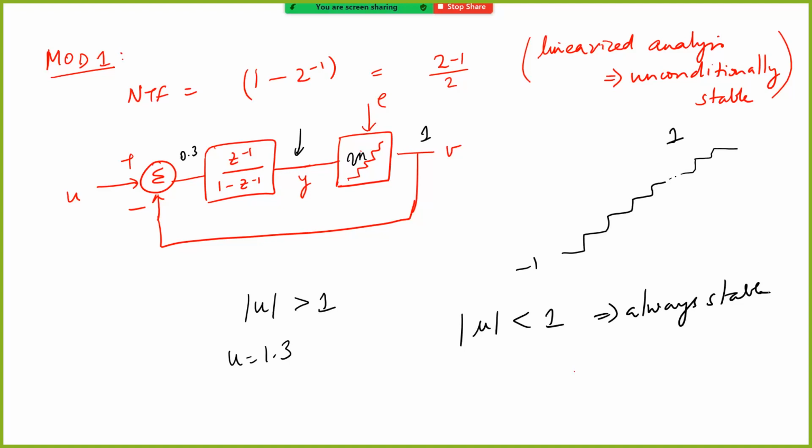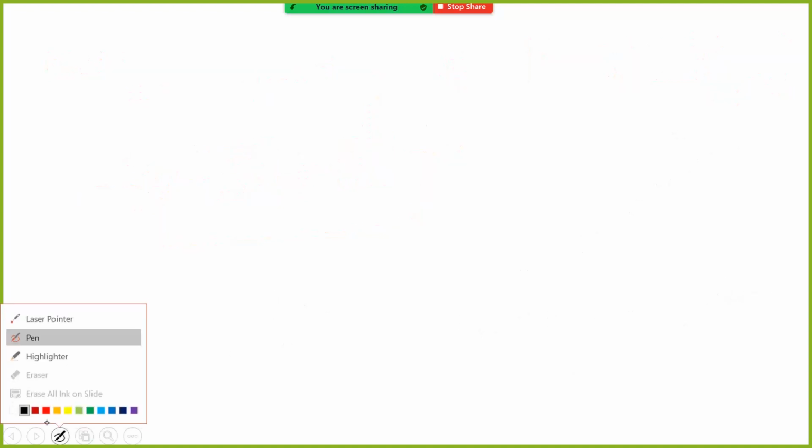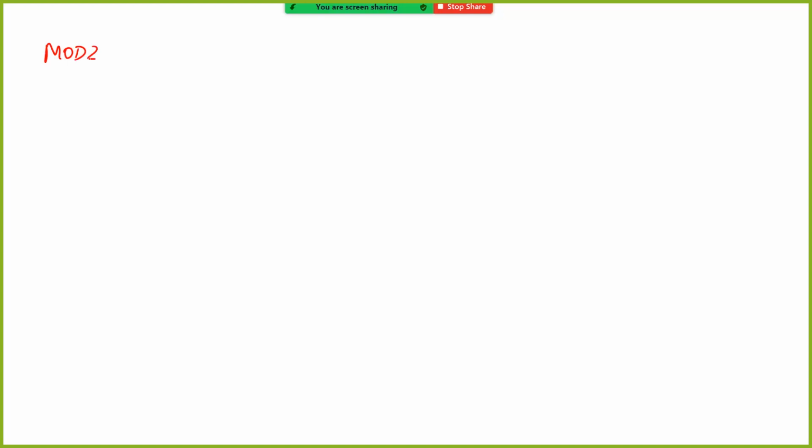Now, can we think about what happens in the second order modulator? The linearized analysis tells us that it is always stable.